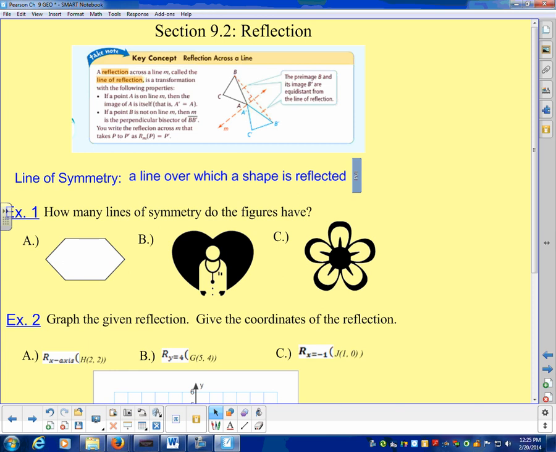Let's do it. Fold this over. Does everybody try and draw them in?